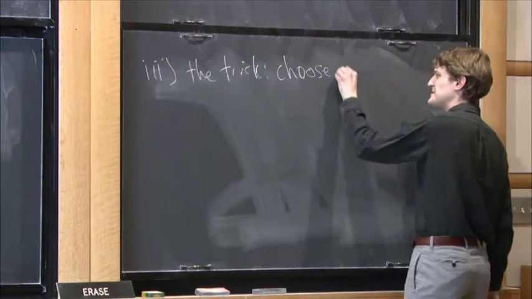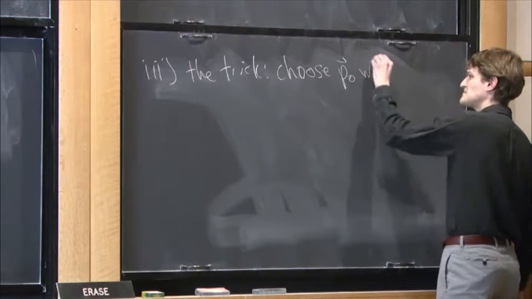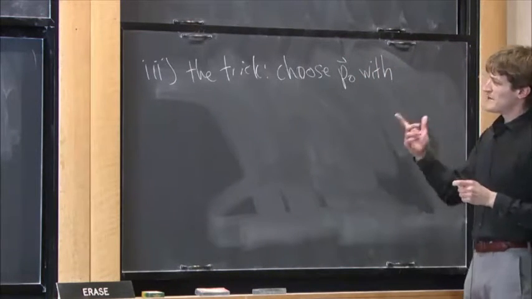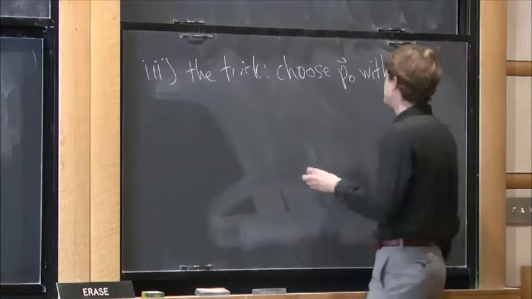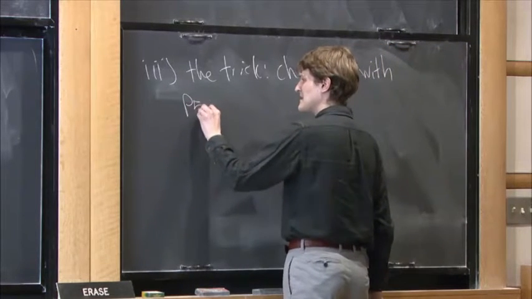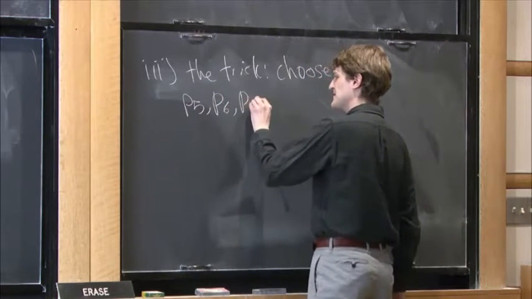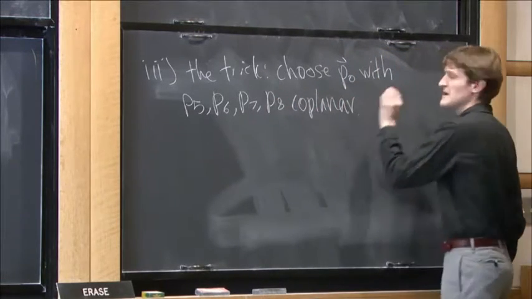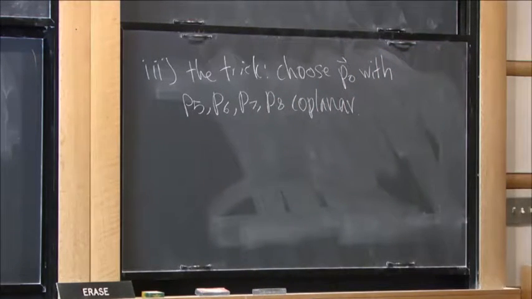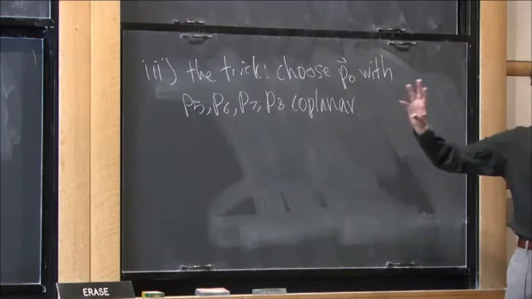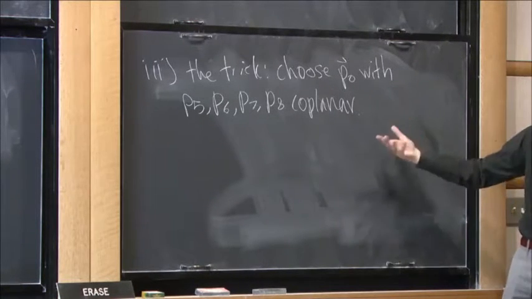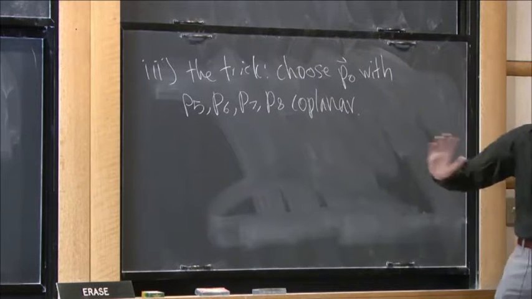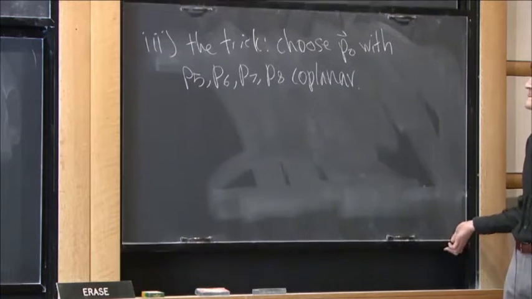So we're going to choose P0 with the last 4 points coplanar. And now the 4 points I pick, I'm not allowed to pick these 4 points as the center of my Cremona transformation. But if I pick some other 4 points from among the 8, there's no problem defining the Cremona map.